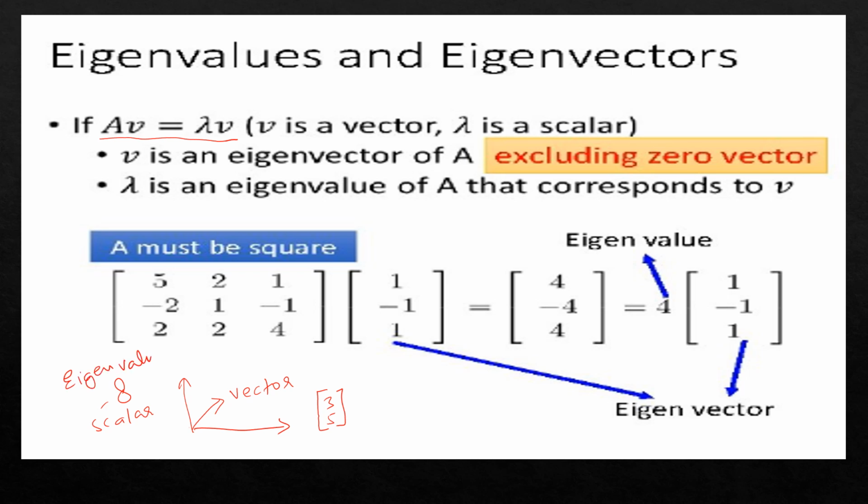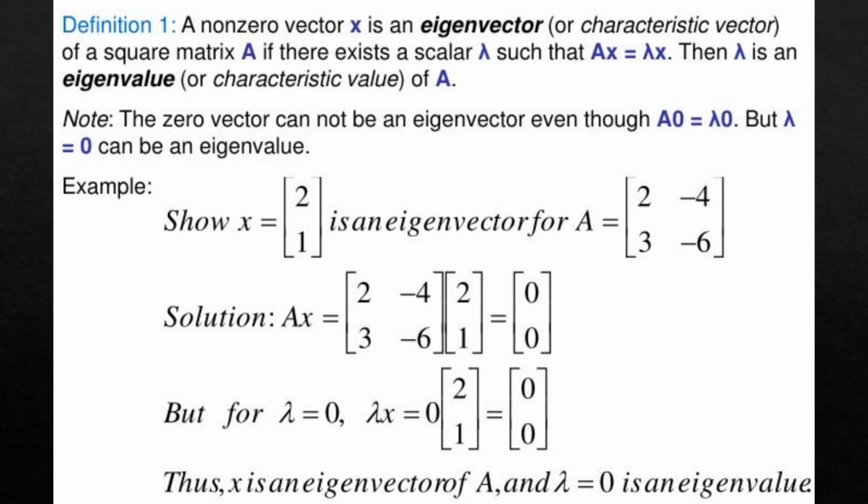Now we are going to calculate the eigenvalues and eigenvectors. Another important thing is that an eigenvalue can be 0, but an eigenvector can never be 0. We can have an eigenvector excluding the 0 vector, whereas we can have the value for lambda as 0. We'll see this in later slides. The definition of an eigenvector is a non-zero vector, also called the characteristic vector, because it gives the characteristics of the features present in my data set.